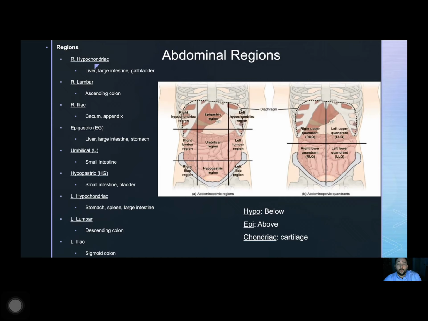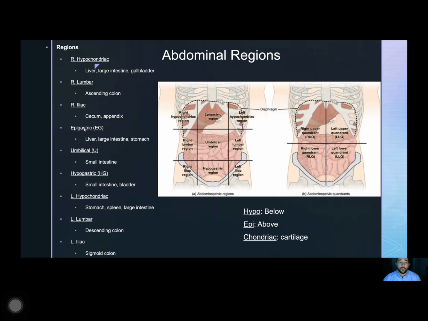But you will want to know all of these different regions and their names in the order that they are in, as well as the quadrants. And you want to know one organ that you can find in each region. You can see them all listed over here on the far left-hand side. For example, the right hypochondriac region, so right below the cartilage, you have the liver, large intestine, and gallbladder.